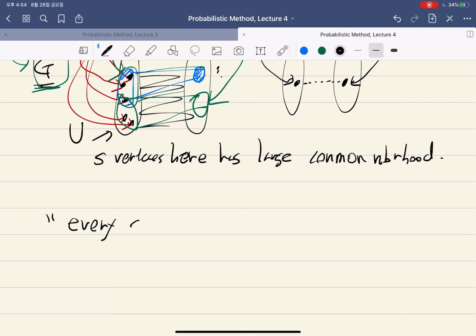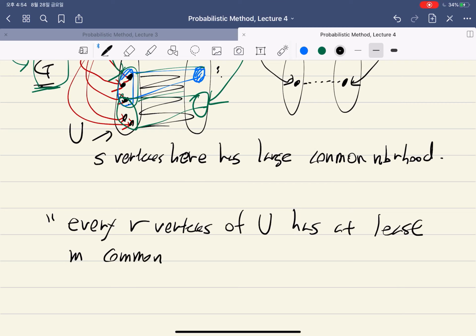then we want to show that every S vertices, let's just write R for now to be consistent with the lemma that we will write later. So S or R, some number of the U have at least some number of common neighbors.